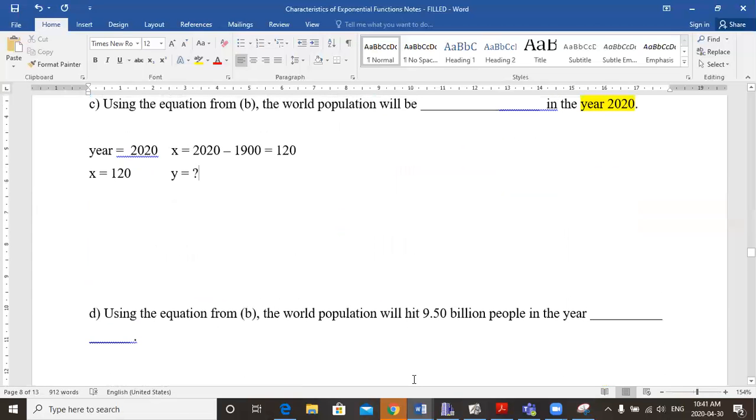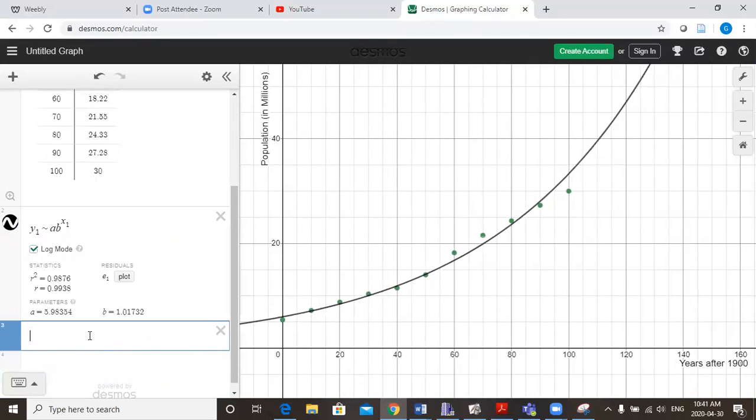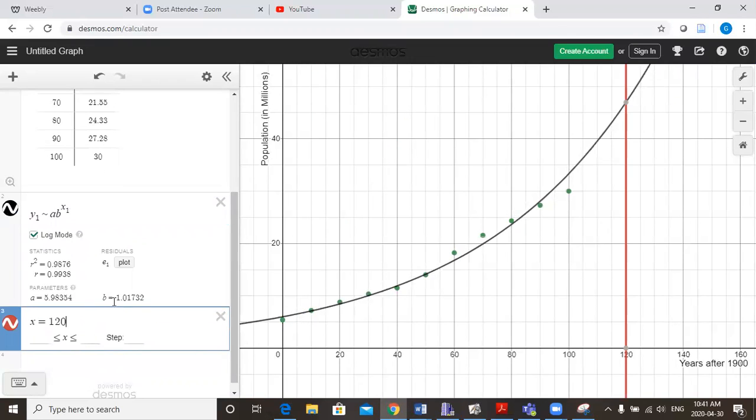So what we do is we go back to our graph, and in the third row, we type in X equals 120. And we've got our point of intersection. When X is 120, the Y value is 46.971, which represents 46.971 million people in Canada in the year 2020, based on this model.